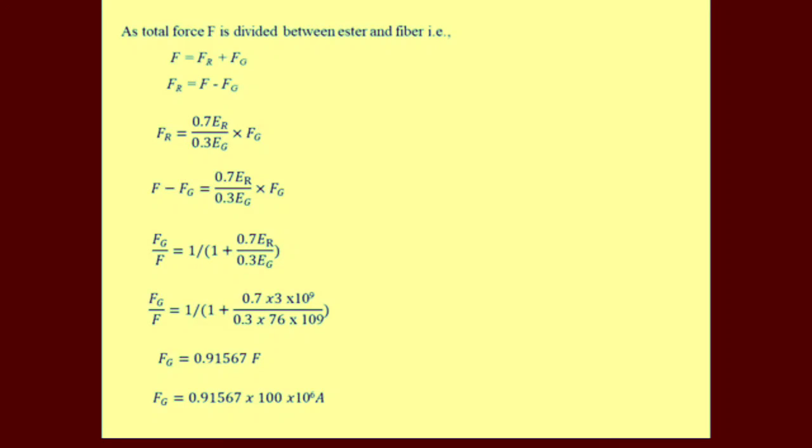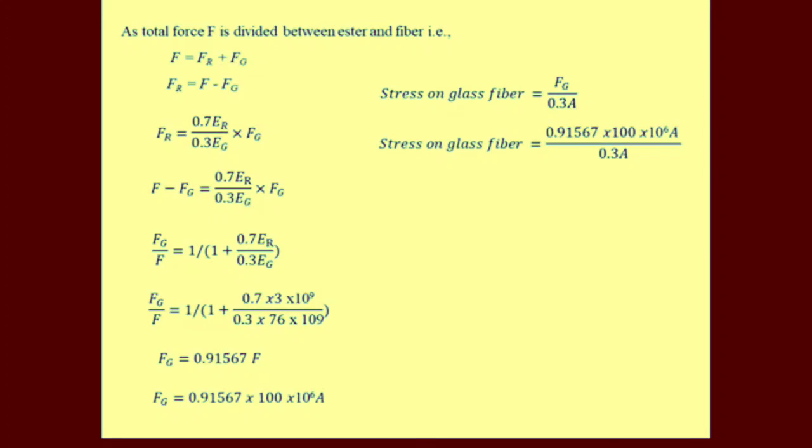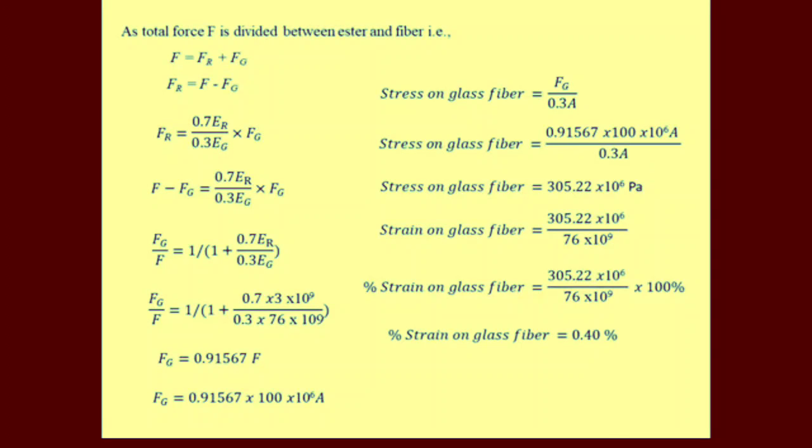Now, stress on fiber is force on fiber by fiber area, which is also in the form of total surface area. So on simplification, we find stress in the form of Pascal. Now the fiber strain will be just dividing stress by fiber modulus, and the value is 0.4%.